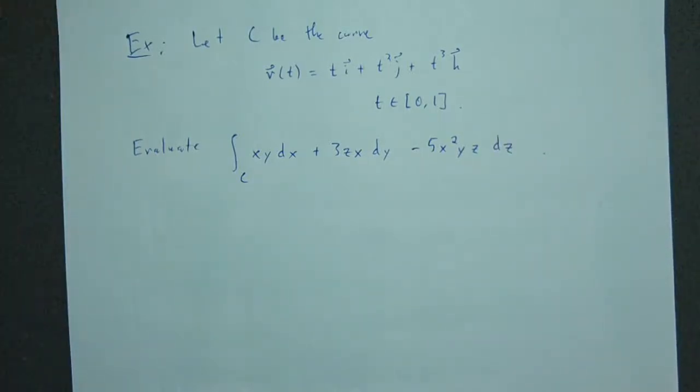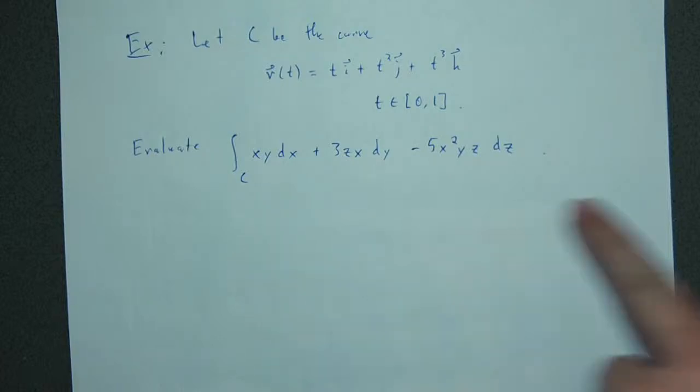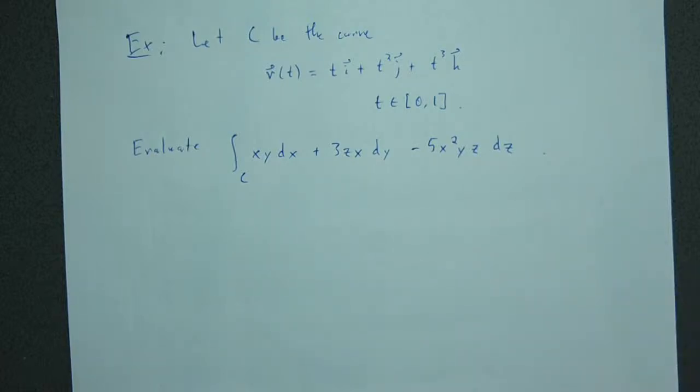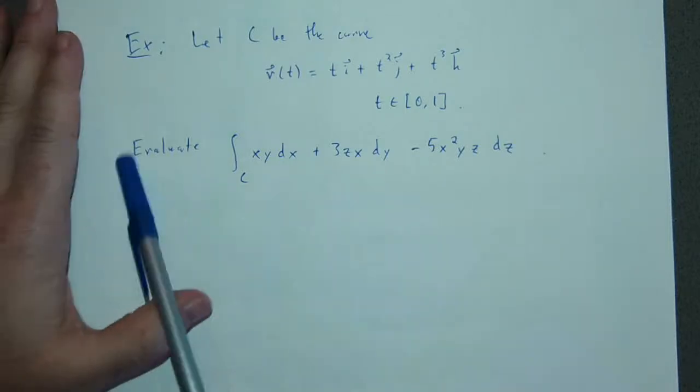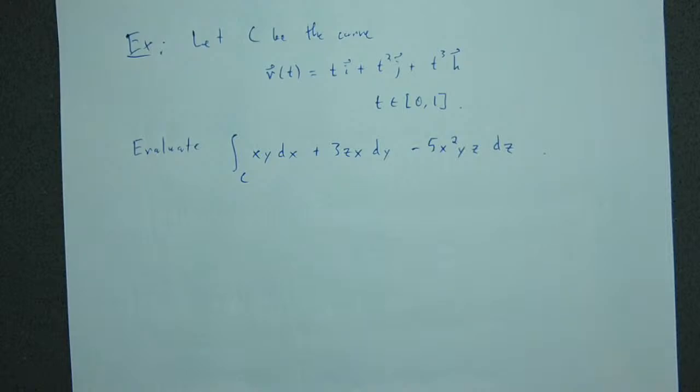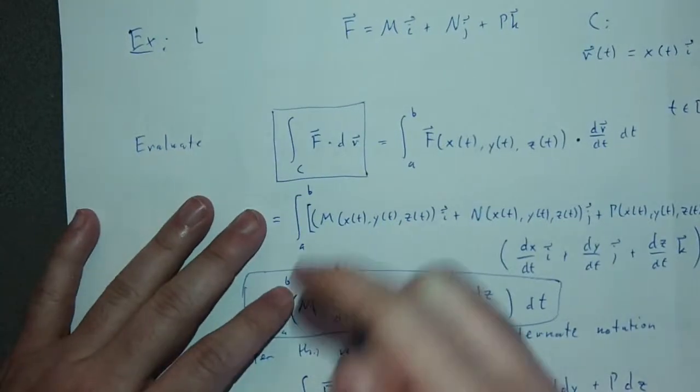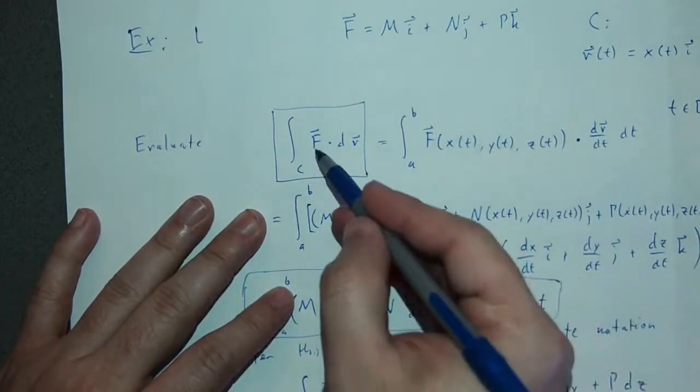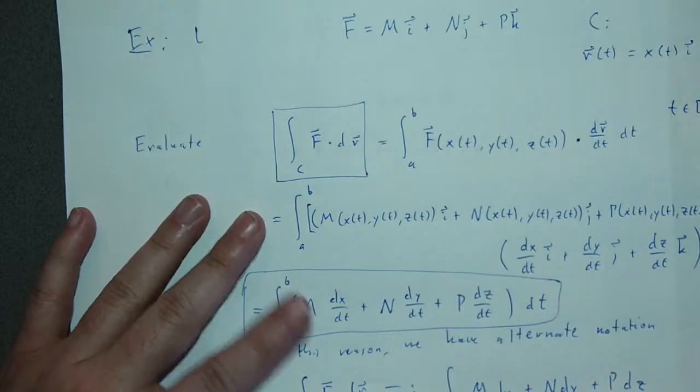Now, why would writing using this notation be preferable to the way we used to do it? Well, the way we would have done this before, we would say evaluate this where the vector field F is given by blah.